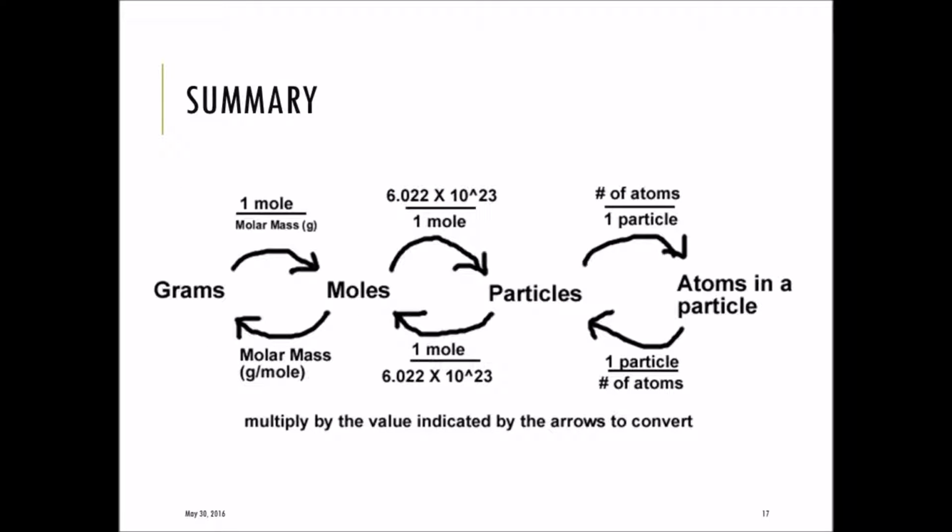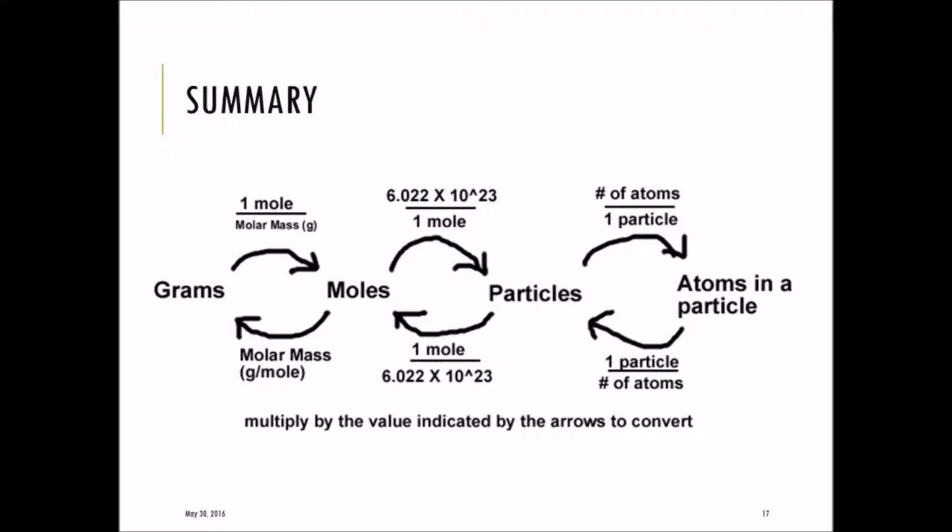Just as a summary, we've seen that we can convert grams to moles, moles to particles, atoms in a particle, and particles to moles, moles to grams. It is very easy.